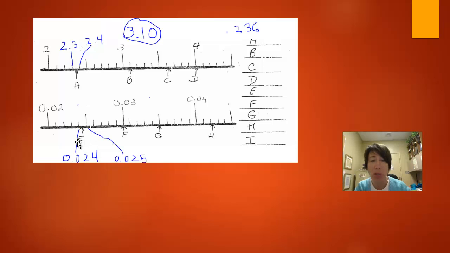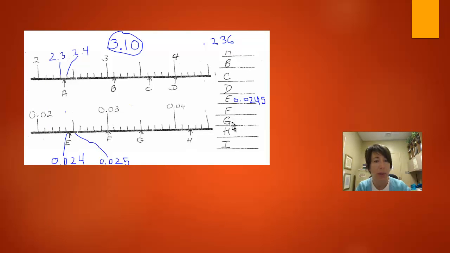So E is in between 0.024 and 0.025. It looks to be exactly in the middle. So I'm going to write the measurement for E to be 0.0245. My 5, or the 10,000th place, is my estimated digit. Anyone looking at this measurement would know that the hundredths and the thousandths place are known for certain, and it's the last digit that is estimated.